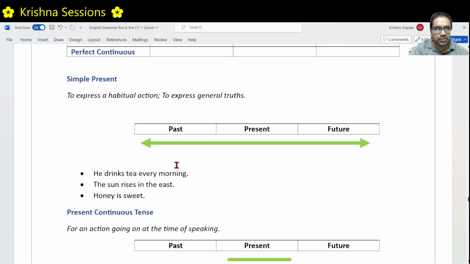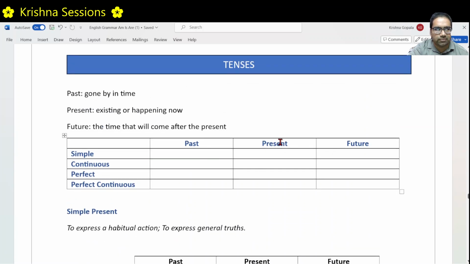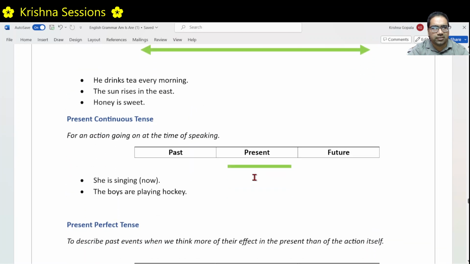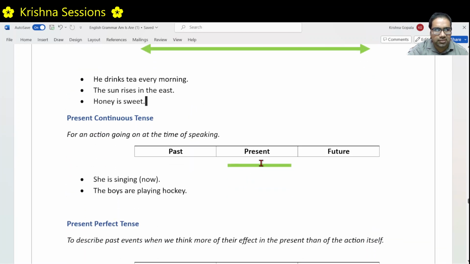Now present continuous, which is the second one. Simple present, present continuous. Present continuous is, if you see this green bar, what is happening at present, at the time of making the statement. That is called present continuous tense. She is singing. That means at the time of making that statement, she is actually singing.